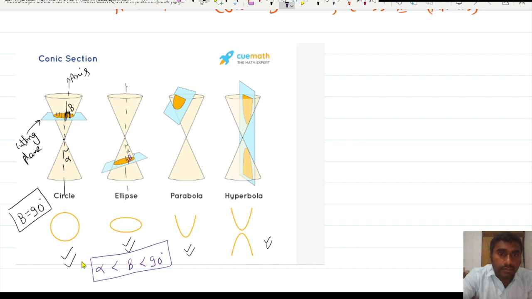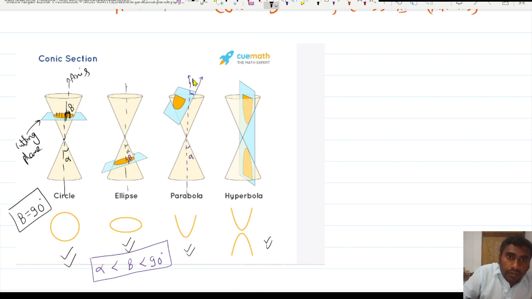Next, see, this is your angle alpha, the semi-vertex angle. And the angle between this plane and this axis is taken as beta.